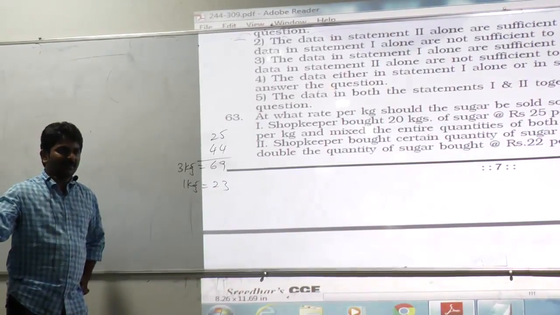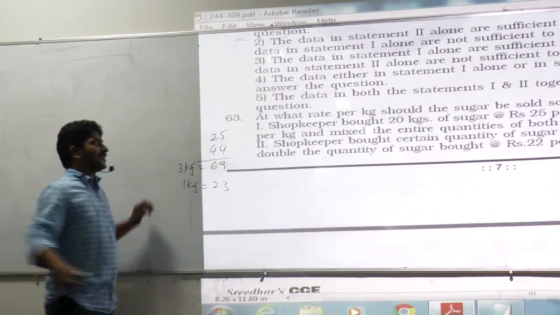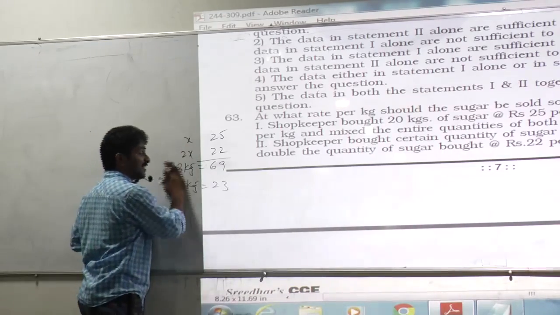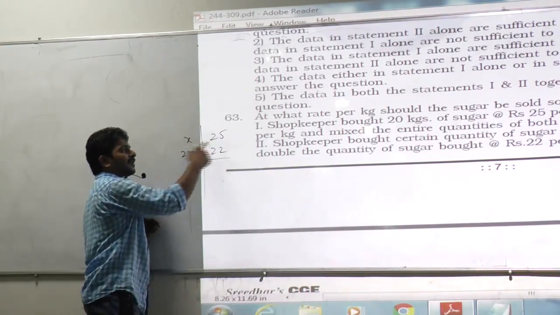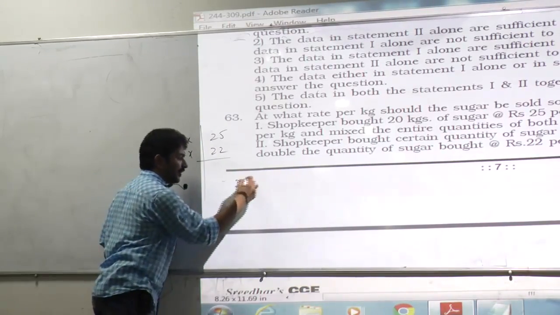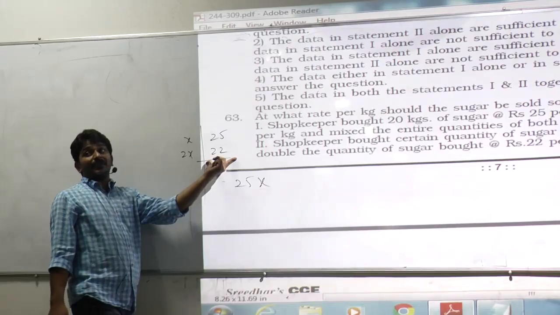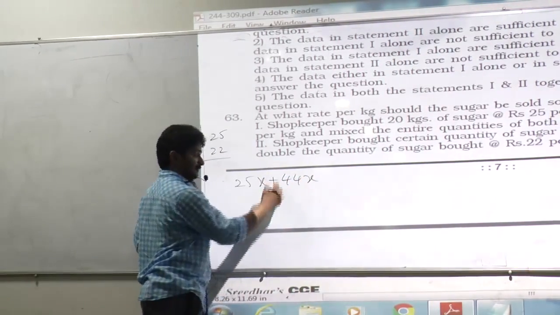Yes. In place of 1 kg and 2 kg, you can even treat it as x kgs and then 2x kgs. Total cost of x kgs here is 25x. Total cost of 2x kgs at the rate of 22 rupees per kg will be 44x.